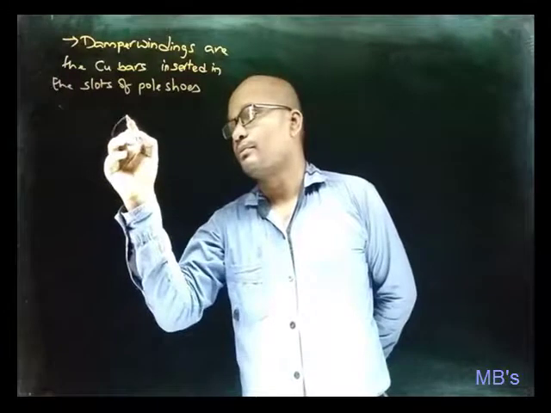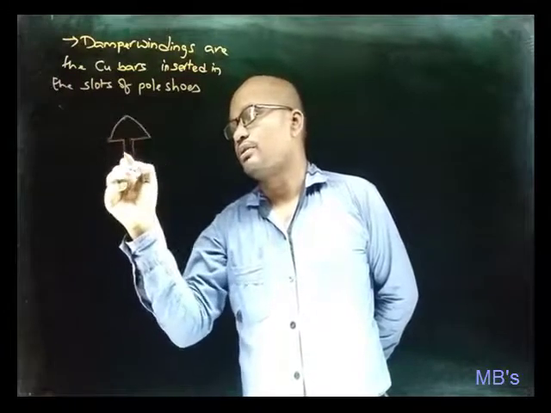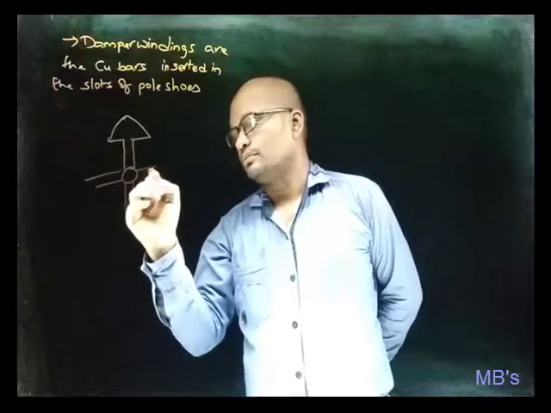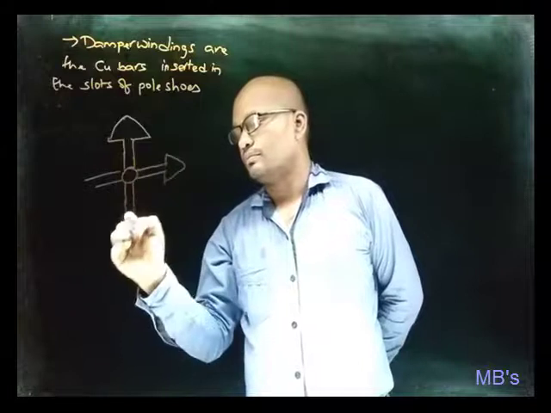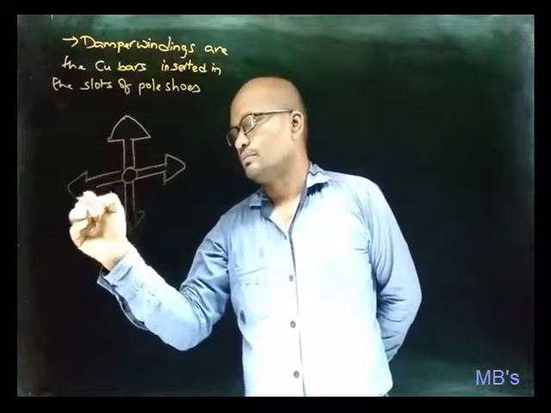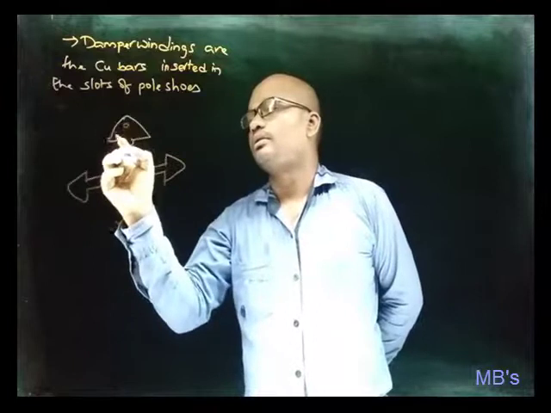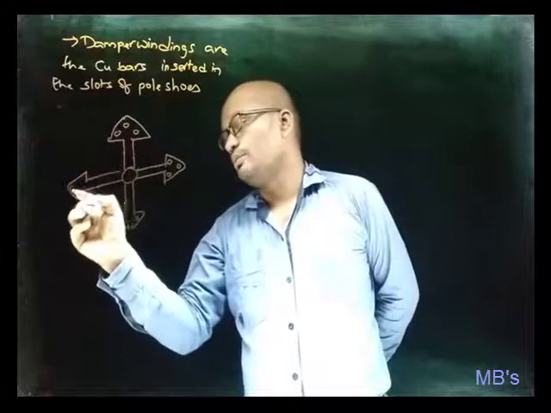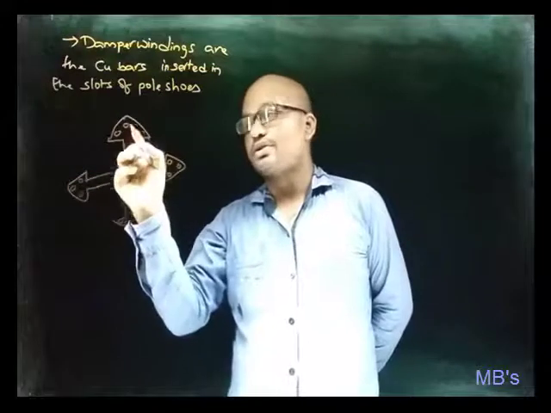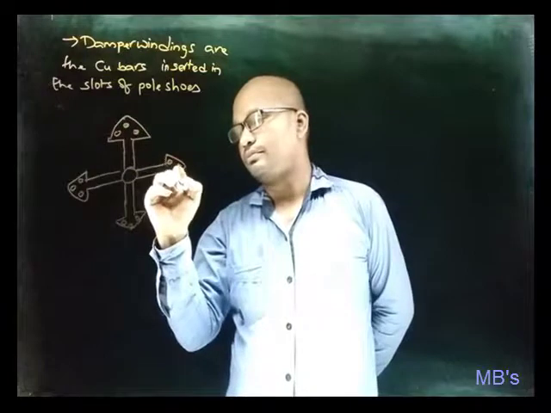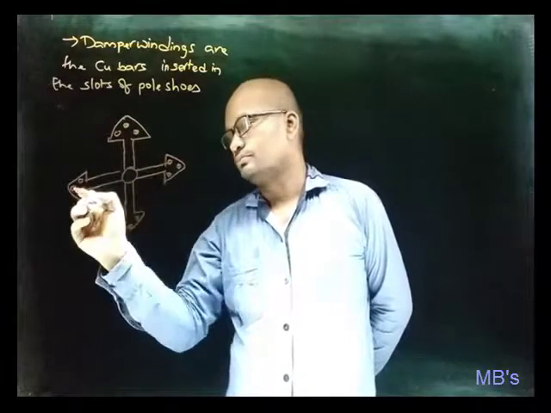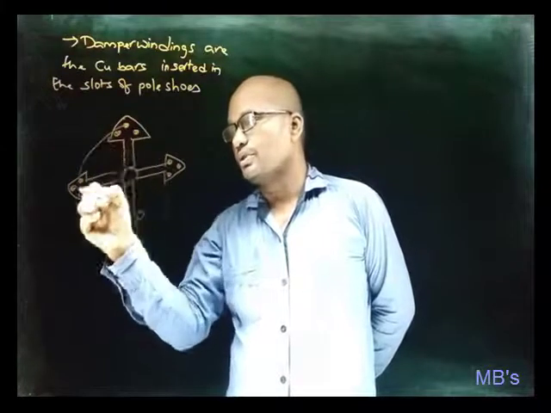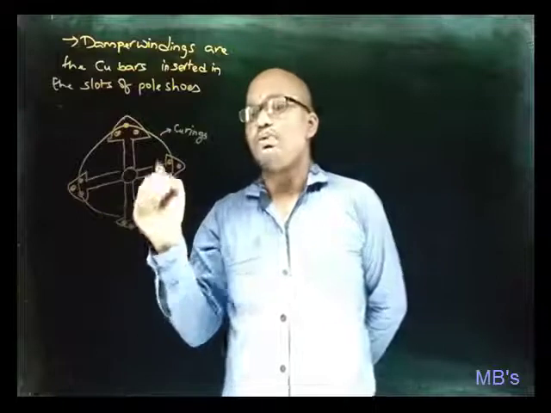Means, if this is the salient pole rotor, and these are the slots present in the pole shoe of the salient pole, in these slots copper bars are inserted and their end connections are short circuited by copper rings on both sides.